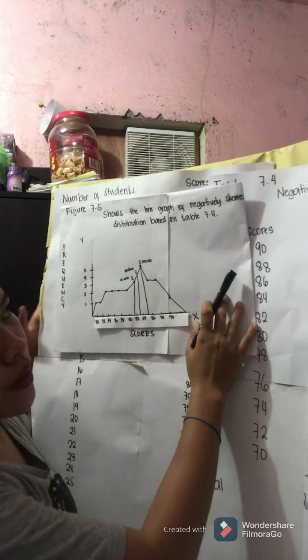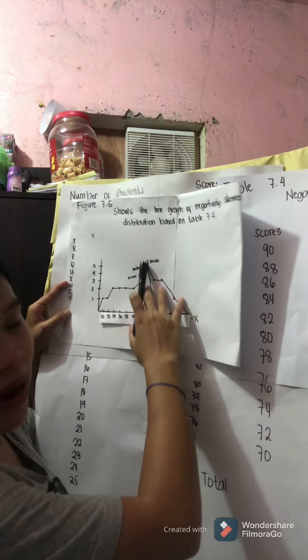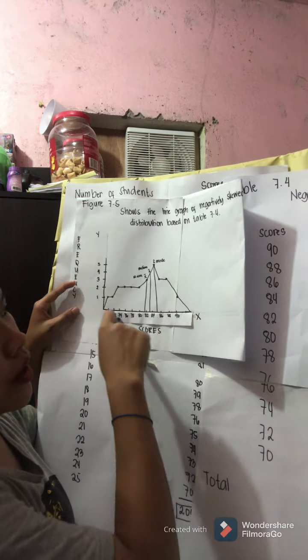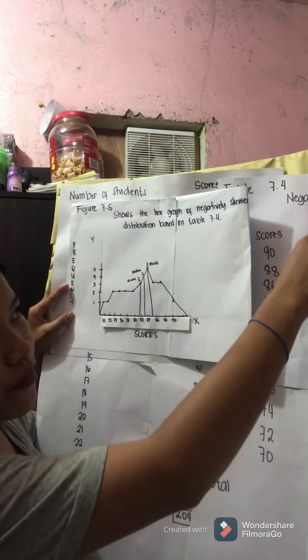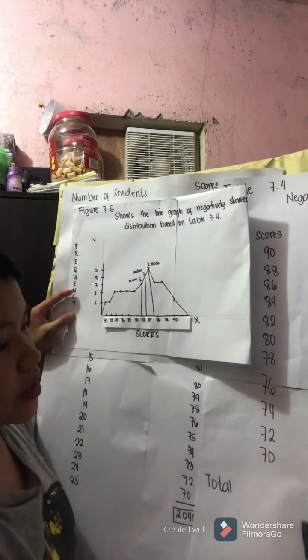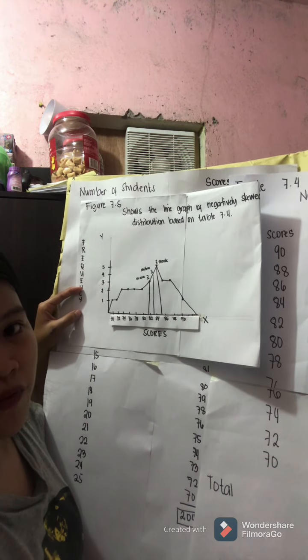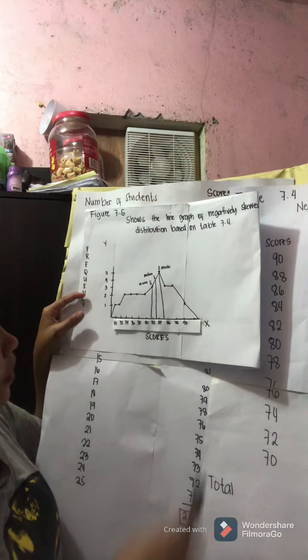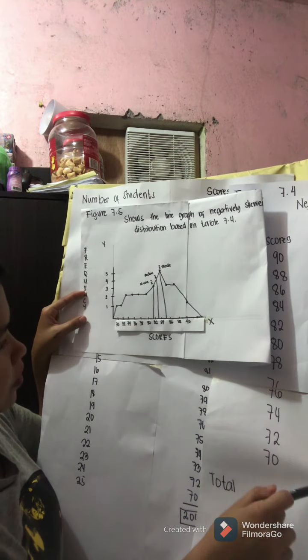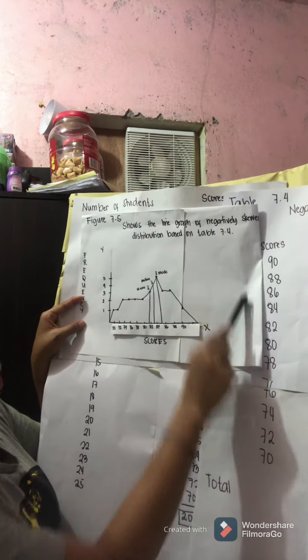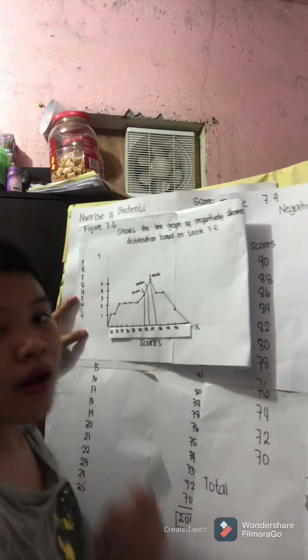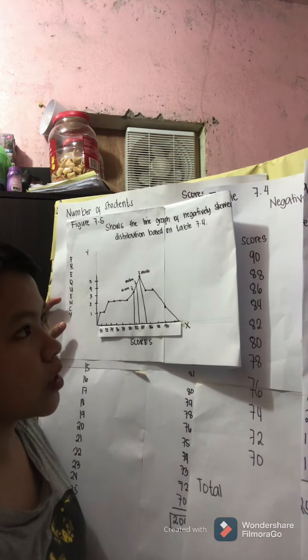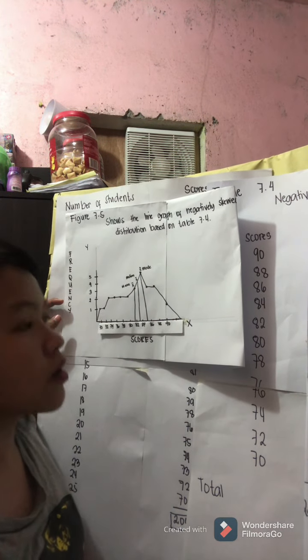So this is going to graph the data that came from table 7.4. First we have here the 70 score, which has only 1 frequency. So 1 student obtained a 70 score.